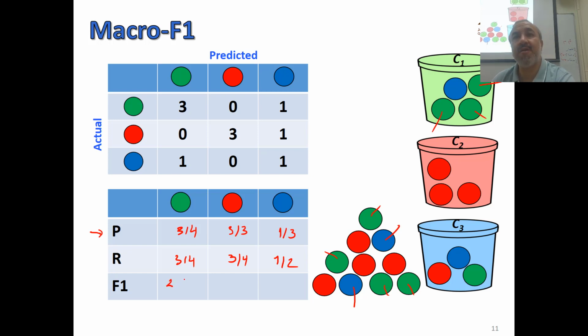Why is it 0.5? 0.75 times 0.75, right? Over 0.75 plus 0.75. What do you expect in this case? Logically, both are 0.75, and we said that the number will be between both. What will be the number? 0.75. So when precision equals recall, F1 will be that value. Okay, so we expect that will be 0.75.